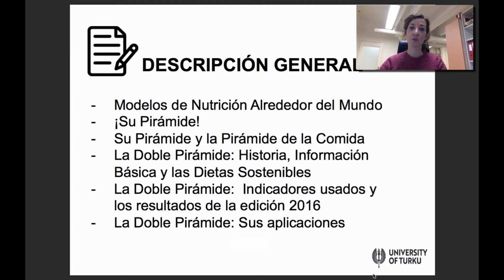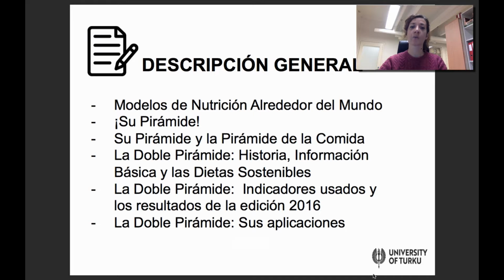Just to give you an outline of the presentation for today, we will start by looking into different nutritional models all over the world. Then I would like also to take a moment to think about your food pyramid, and then compare that with the recommended food pyramid.